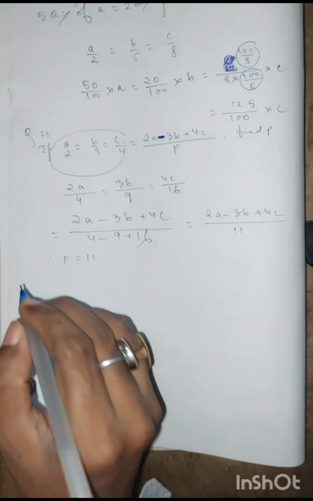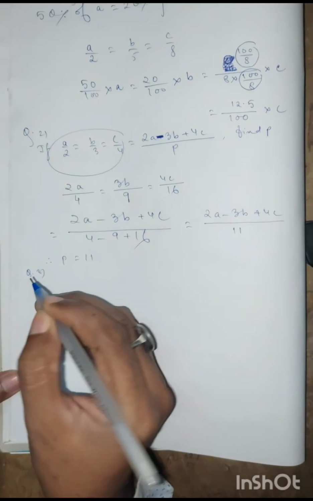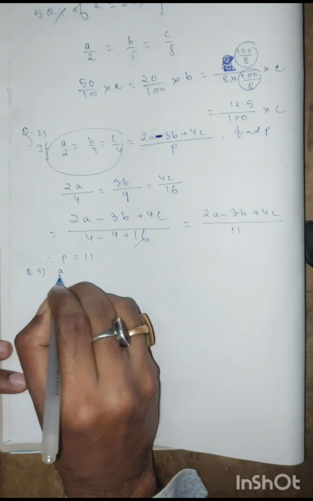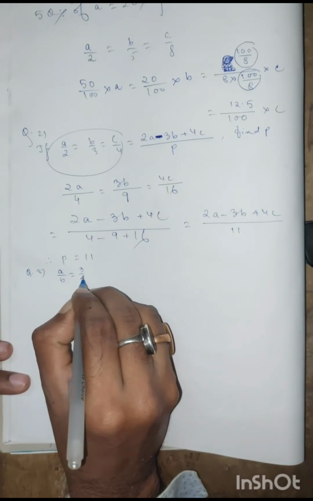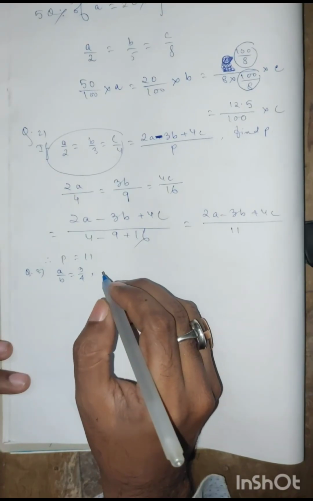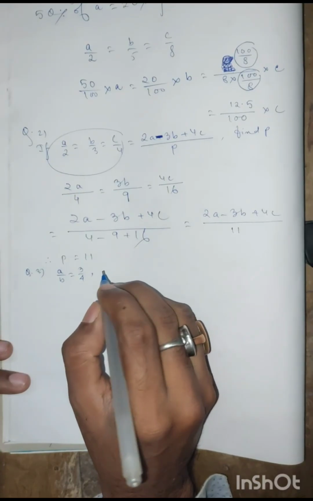Now let us take another question which says a by b is equal to 3 by 4, x by y equal to 5 by 7.